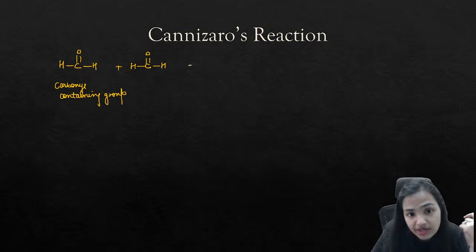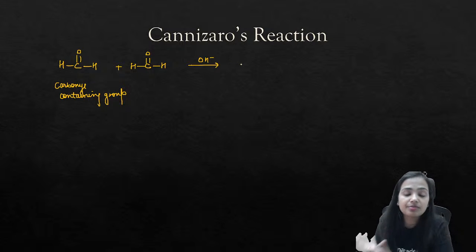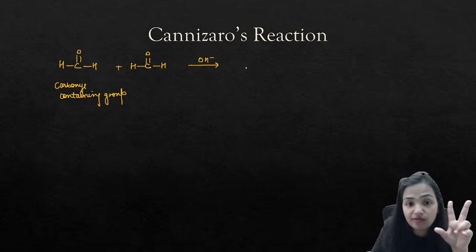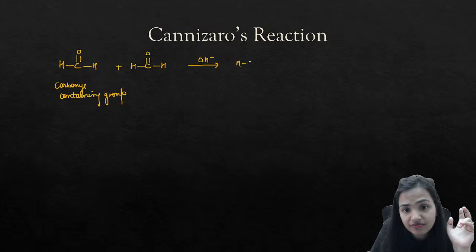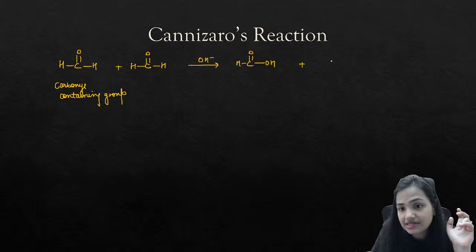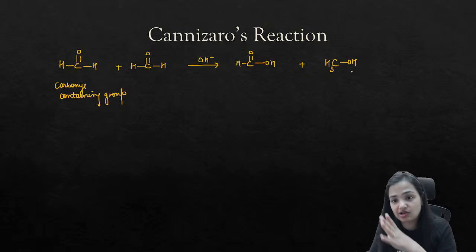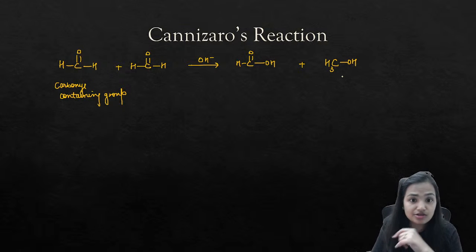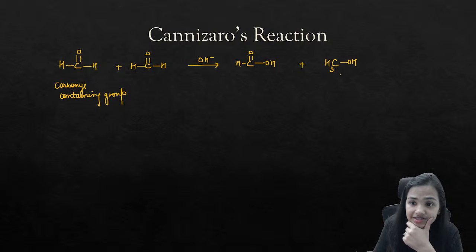When this reacts in the presence of a base, we get the preparation of 2 products. One is going to be the formic acid, the other is going to be CH3OH, that is alcohol. So the question is how you are getting these 2 products.